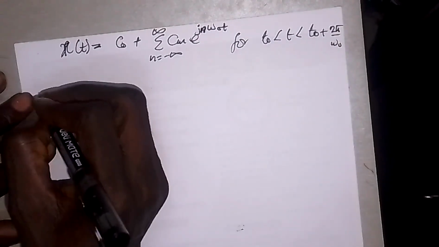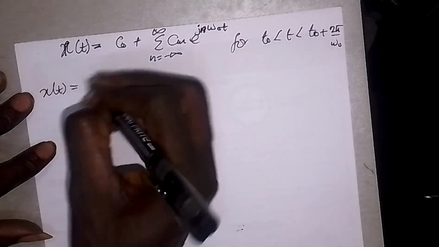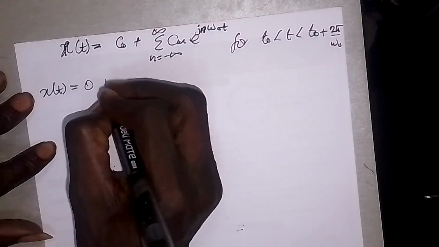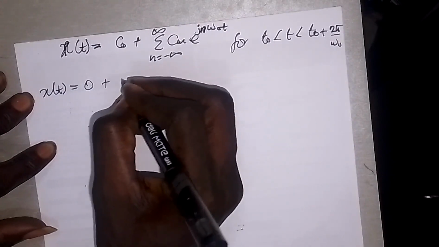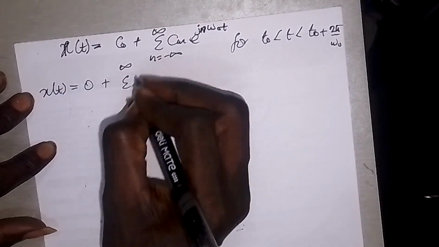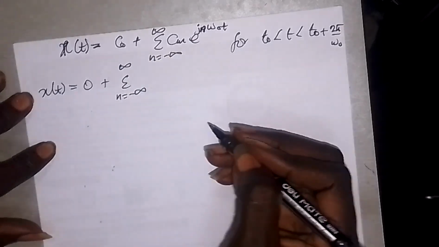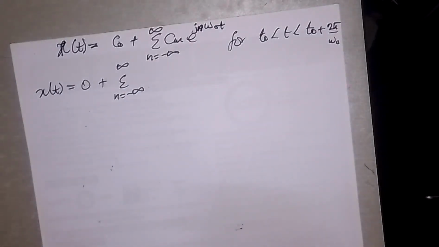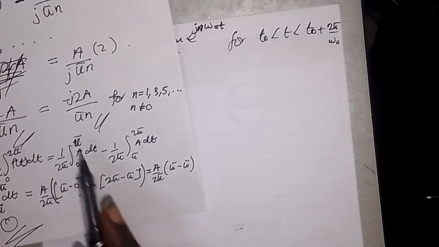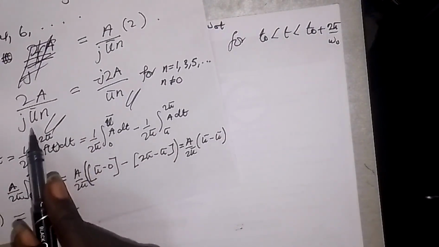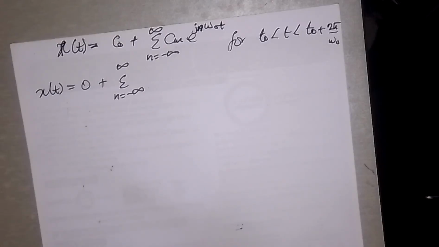So now x of t is equal to C naught, which is 0, plus the summation from negative infinity to infinity. What is Cn? What we got for Cn was 2A over j pi n, or n pi, which is the same.